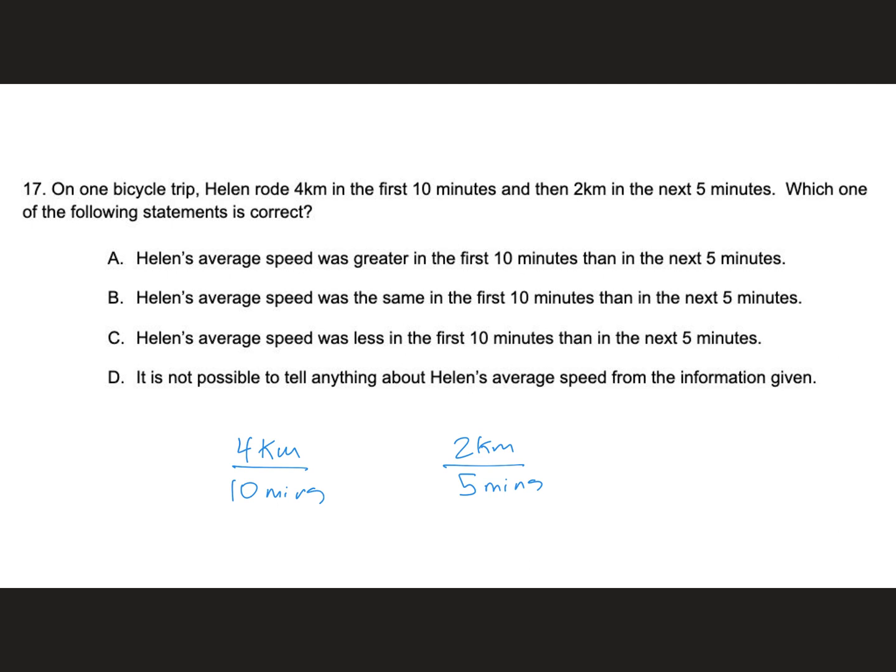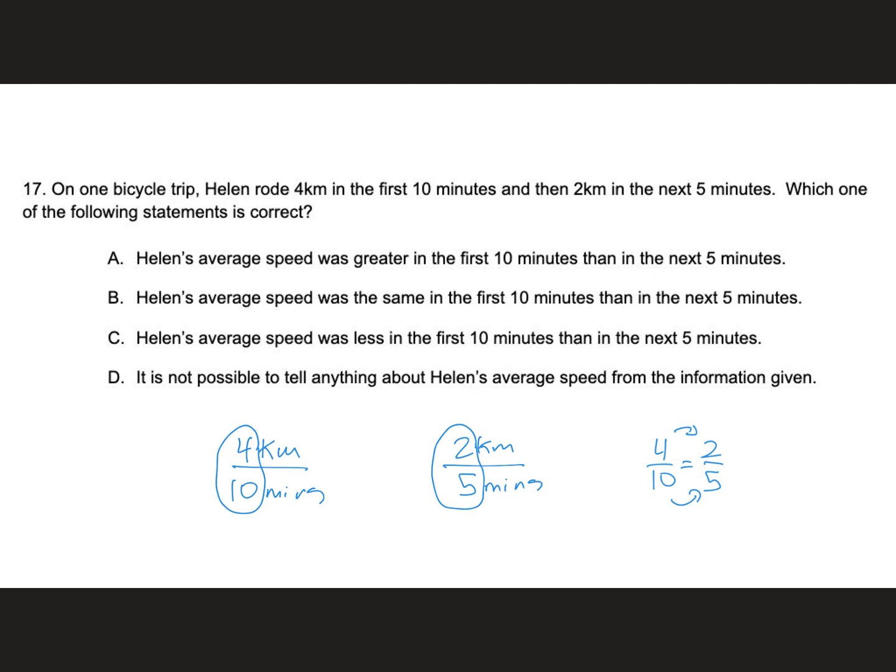Couple of ways to think about it. One way, I want you to notice your 2 fractions here, 4/10 and 2/5. 4/10 is the same as 2/5. Divide by 2, divide by 2. These are equivalent fractions.